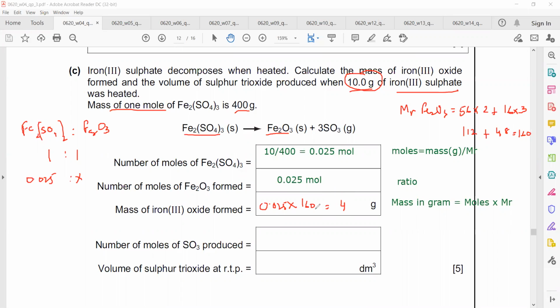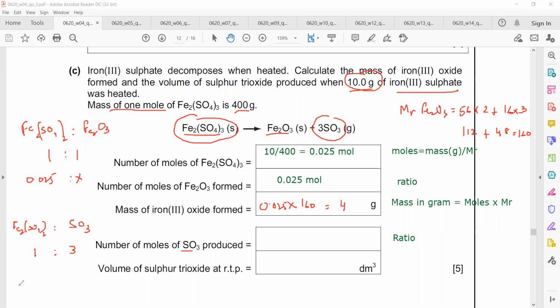The next part: number of moles of sulfur trioxide. Again, in the question, nothing is given related to sulfur trioxide. So again, what will we use? We will use a ratio, and again the ratio of iron sulfate, because in the beginning we have iron sulfate. This time we'll take the ratio between iron sulfate and sulfur trioxide, which is 1 to 3.